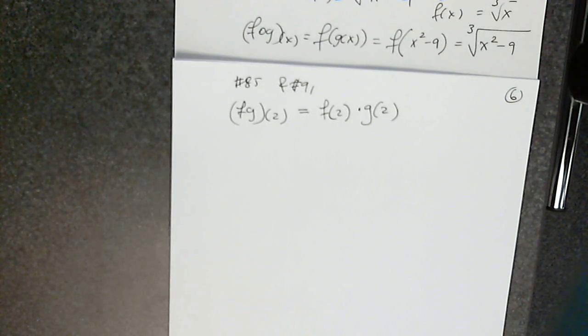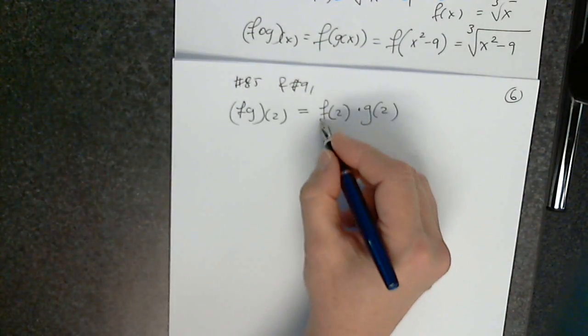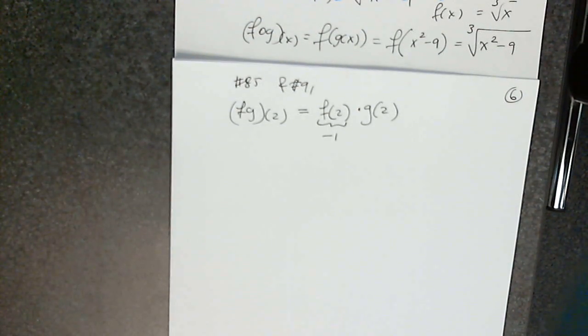Can anyone give us f of 2? F of 2, f is in blue. Negative 1. Do you agree with negative 1? Okay. Now, can anyone give us g of 2? G is in purple.